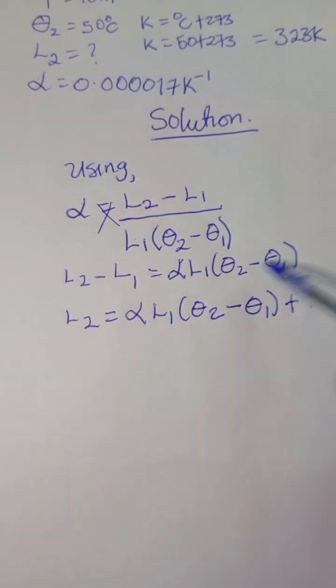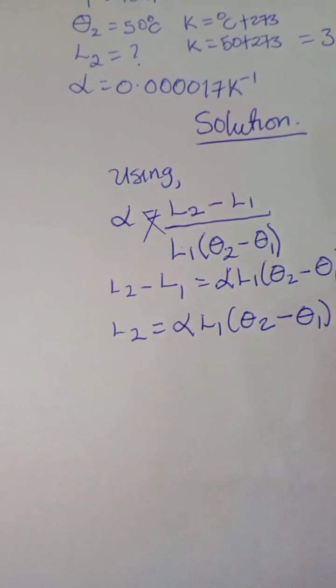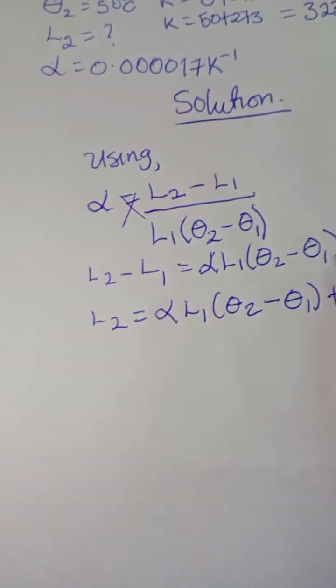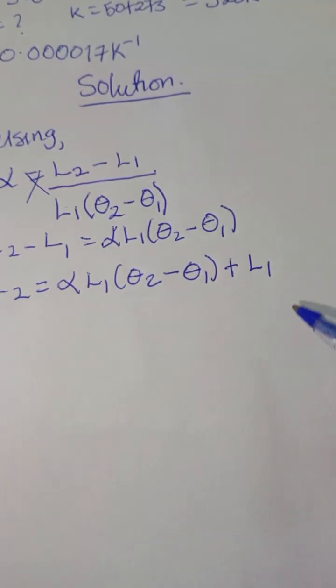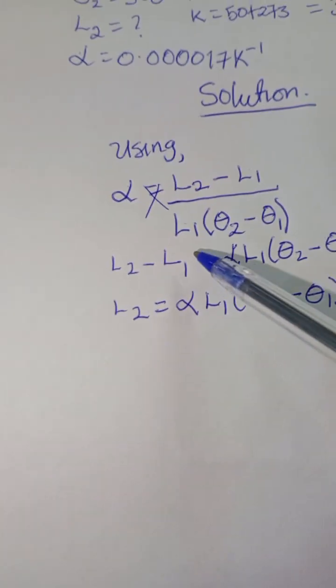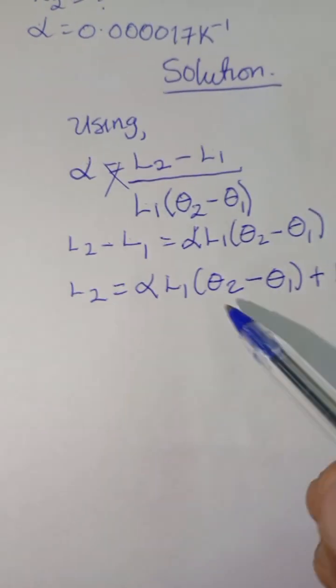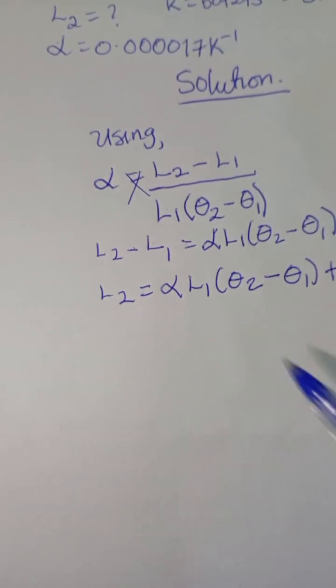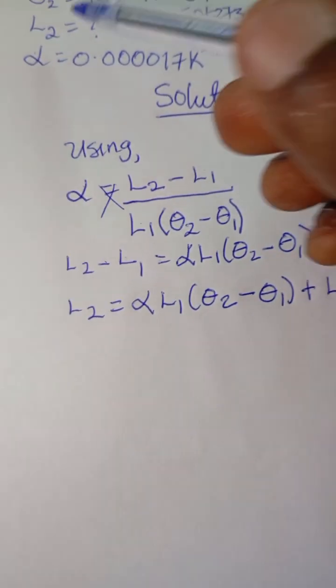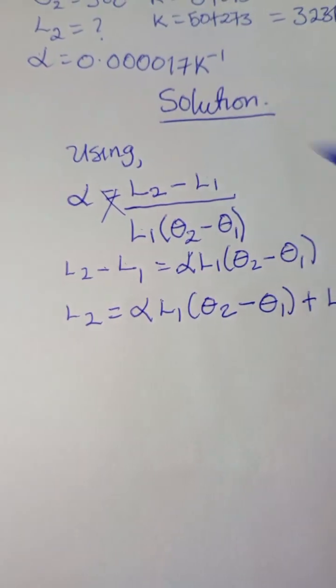Mathematically, if you want to solve this, you just say add L1 to both sides, and you automatically get this by cancelling out the minus L1 with the plus L1. So this is the formula we are going to use to get the value of our new length, which is our L2.